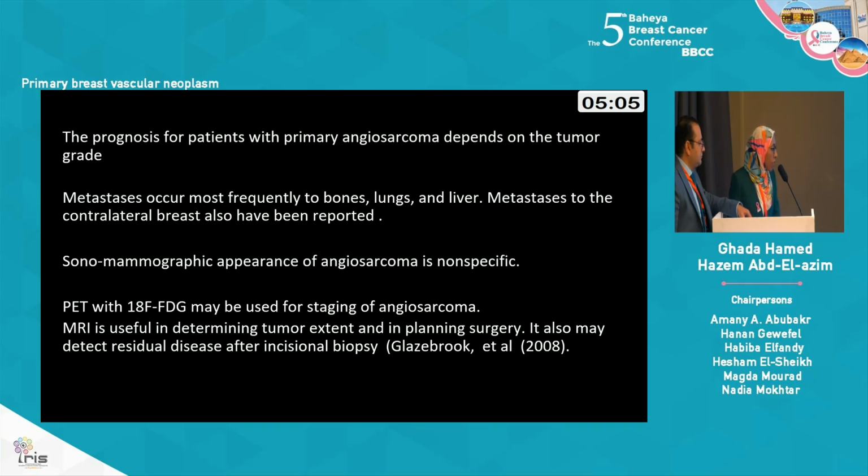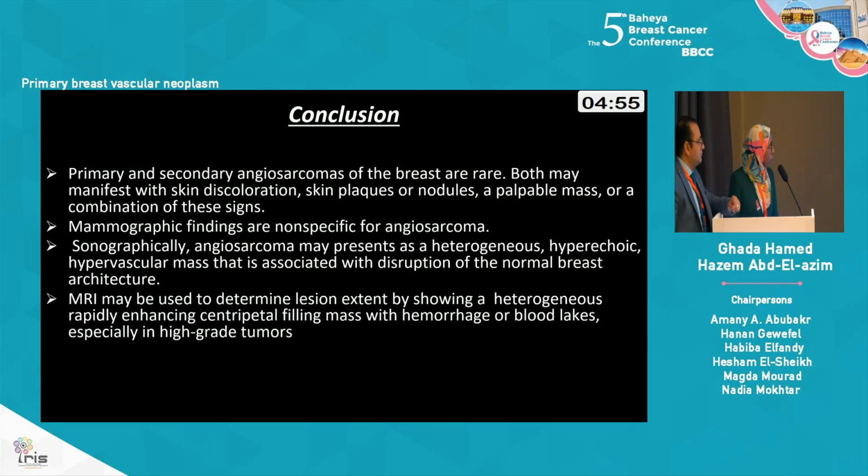MRI is helpful in determining tumor extent and in planning surgery. It also may detect a residual disease after incisional biopsy. Conclusion: primary and secondary angiosarcomas of the breast are rare. Both manifest with skin discoloration, skin plaques, nodules, and a palpable mass, or a combination of these signs.